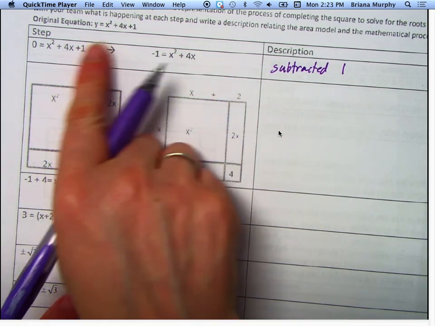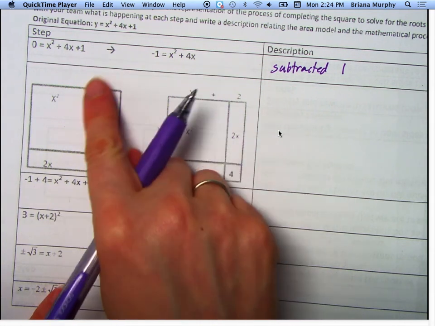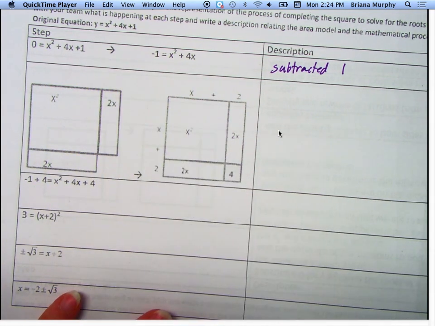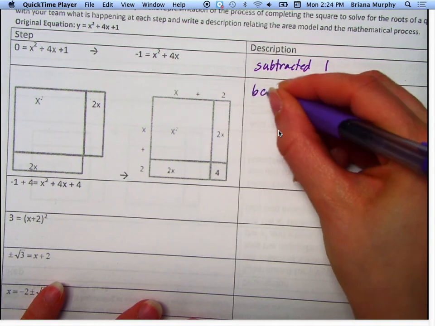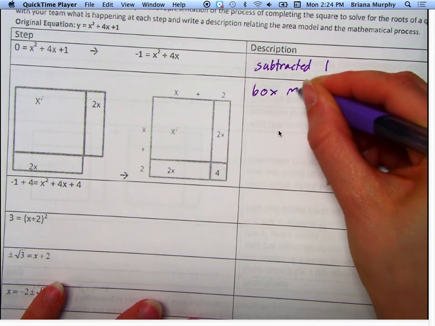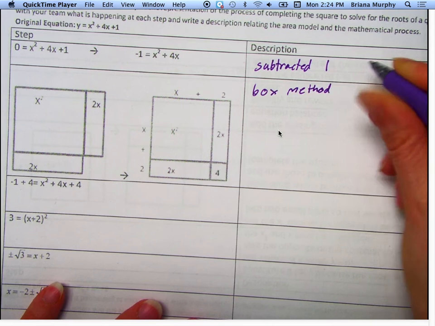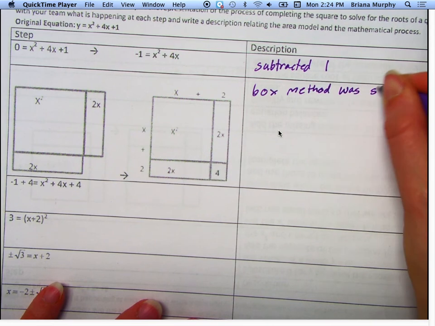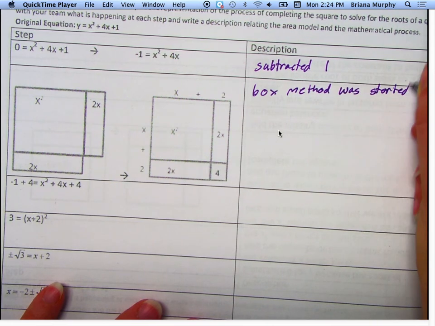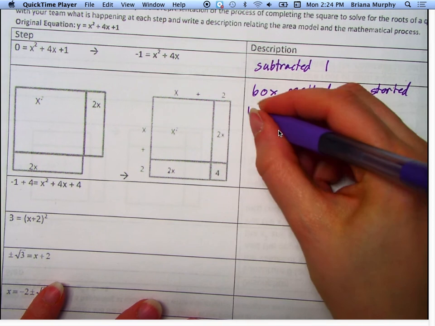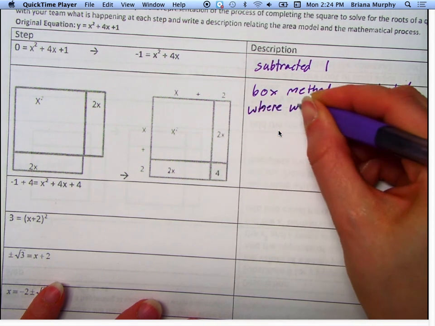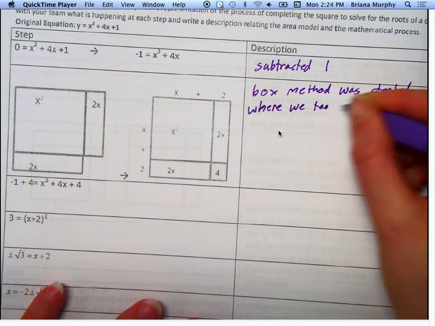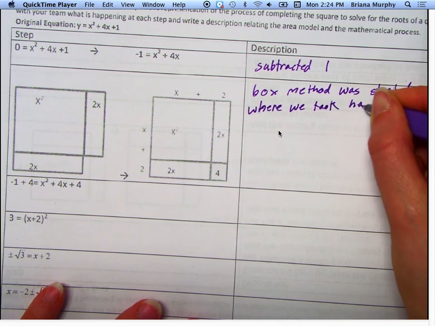Okay, so there's a lot going on in this next step. What's happening? He drew a diagram. A diagram was drawn. Box method was started. Where we took half of 4x.